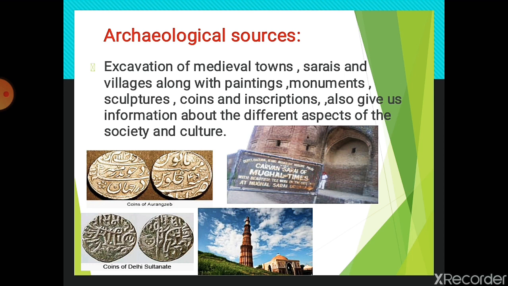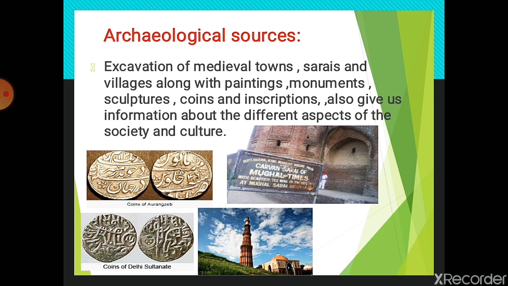During the medieval period, lots of paintings, monuments, sculptures, coins, and inscriptions were developed, especially the inscriptions engraved on the walls of temples, caves, and different monuments. From there we can get a lot of information about the medieval period.